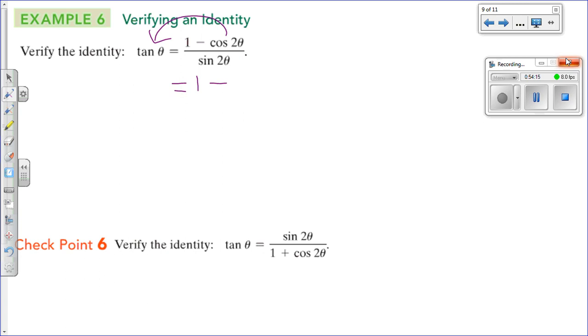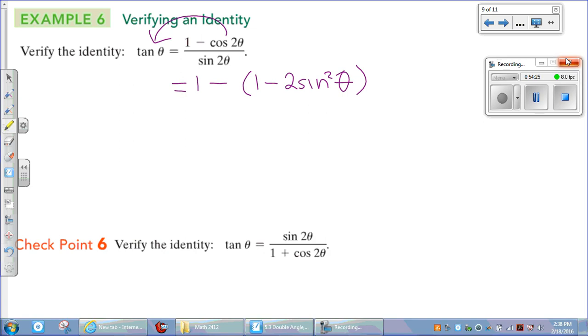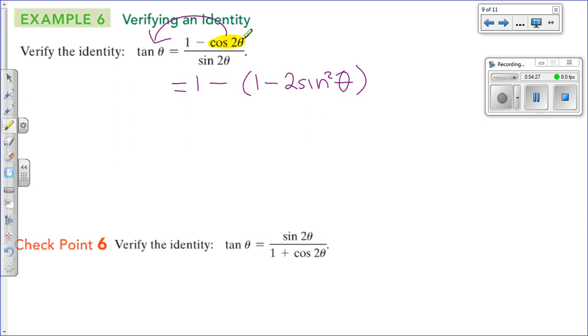That's going to be the one that says 1 minus 2 sine squared of theta. So what I'm doing is substituting this part right here with this. Then we divide that by the sine of 2 theta, and in this case it will be 2 times sine of theta cosine theta.